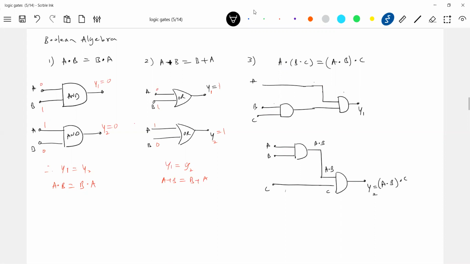So this will be B dot C. Will both the outputs be the same? Means both the outputs Y1 equal to Y2. I wrote like that only, in the equation.